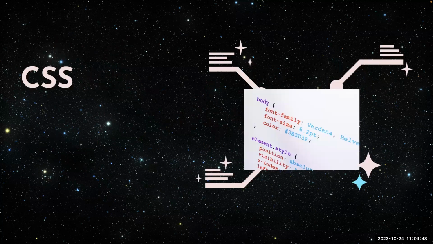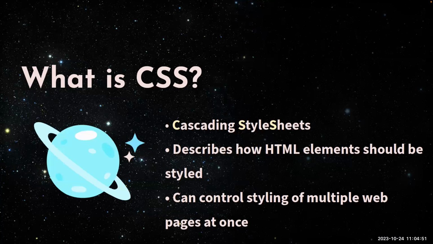So CSS. What is it? CSS stands for Cascading Style Sheets. Let's break that down. Cascading means that if you apply a style to the parent element, it'll cascade down to the child element and also apply it to that.